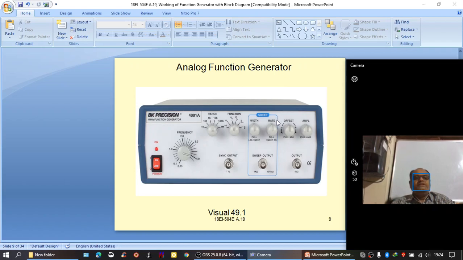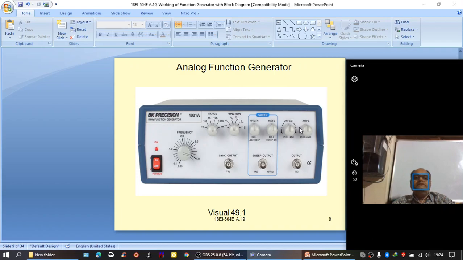At what slope it has to sweep the signal from left to right, or from lower value to higher value, or from higher value to lower value. And that sweep output is separately provided here, because sweep signal is a very important signal which is used in most of the applications apart from the other signals. So a separate provision is made for taking out the sweep signal here.